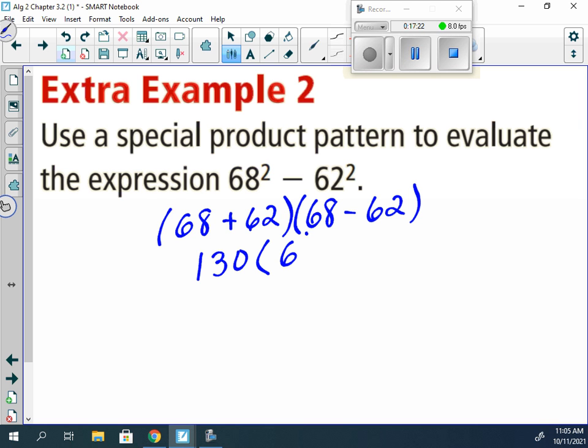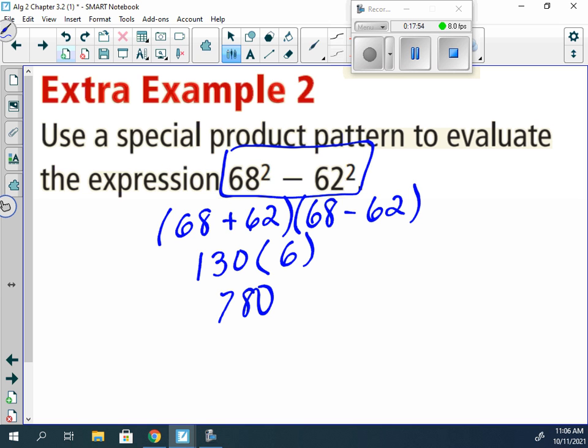And 6, and then typed in the calculator 130 times 6. What happens if you type 68 squared minus 62 squared in? Yeah, it would have given us the same thing. It would have given us 780.